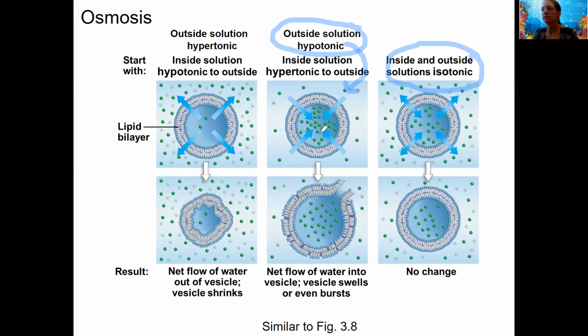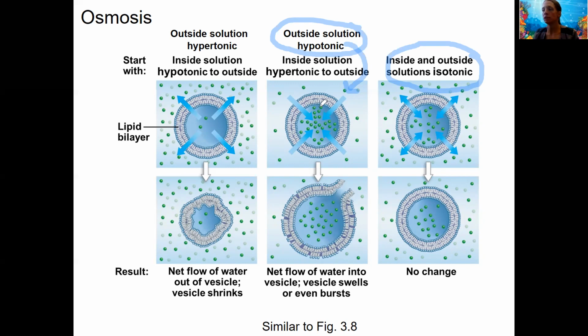So we're putting this cell into a hypotonic solution. Hypotonic is fairly synonymous to hypoosmotic, low solute concentration. Again, the difference is tonicity refers to the permeability of the membrane in there as well, and we're just going to assume the membrane is not permeable to this solute.